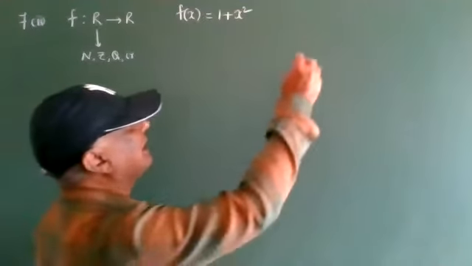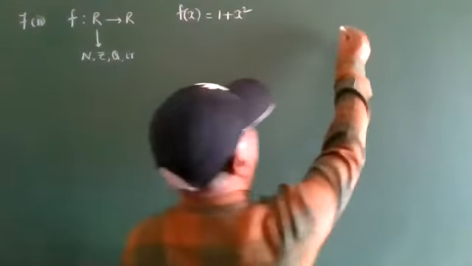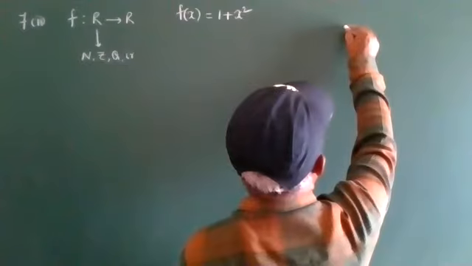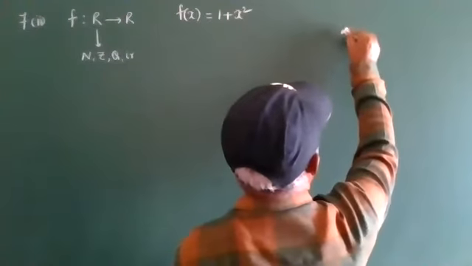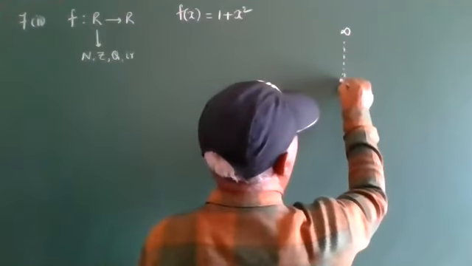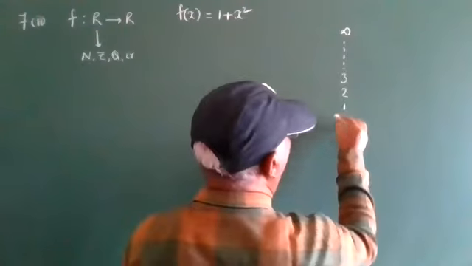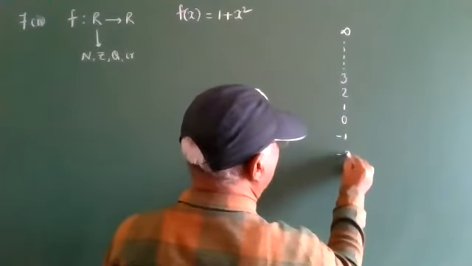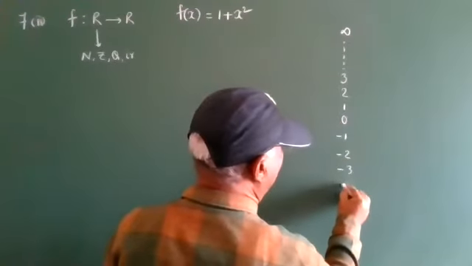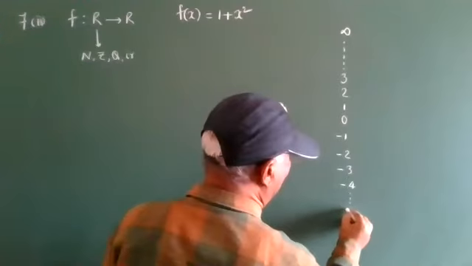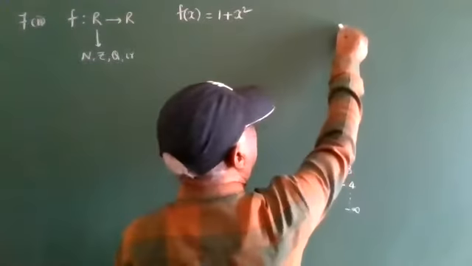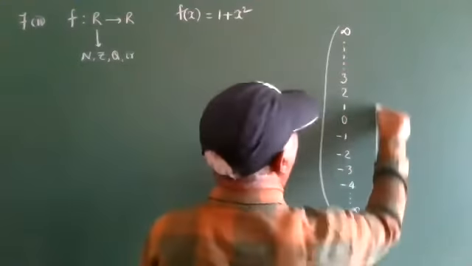Once again, see, real numbers. The domain is also real numbers, meaning 3, 2, 1, 0, -1, -2, -3, -4, up to minus infinity. This is the domain, real numbers.